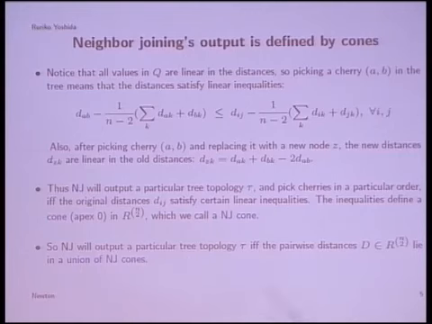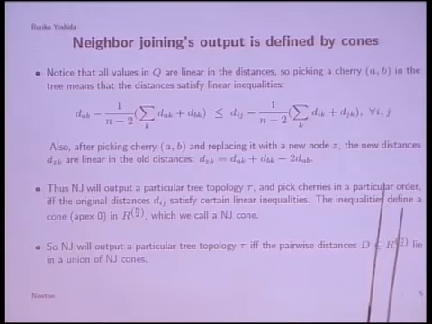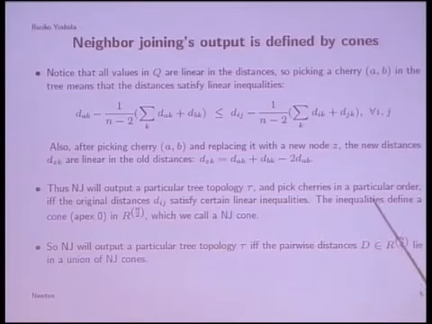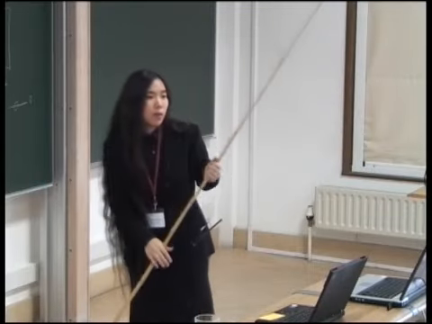The neighbor-joining method will output a particular tree topology tau if and only if the pairwise distance D in R to the n choose 2 lies in a union of neighbor-joining cones. Because, like I said, if you change the order, you get different cones, so you have to take the union of the neighbor-joining cones.